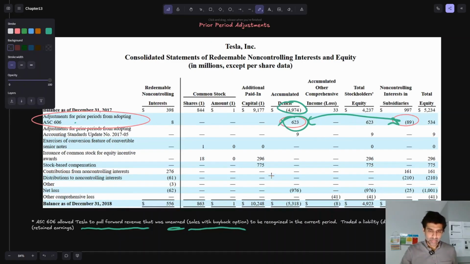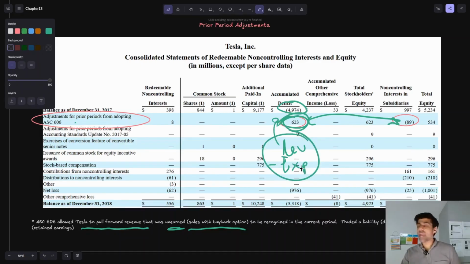But the point is that when you have some accounting change that's retroactive, they will just do a net adjustment. You can see here, this is the net of revenues minus expenses. They're giving you the change in profit from this change in the accounting rules. This might be based on estimates.